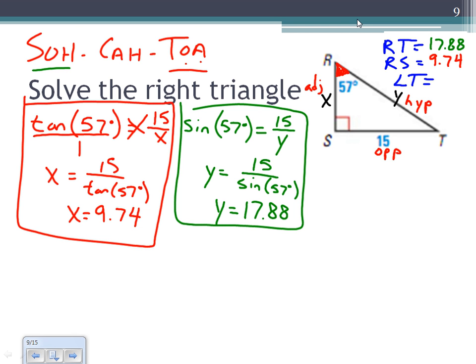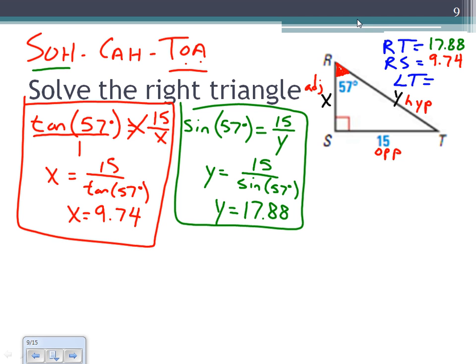What's the last thing we need to find? Anybody know how I could find angle T? Certainly, we could use the inverse trig with angle T. There's an easier way, though. There's a super easy way. How many degrees are there in the triangle? 180. If I was giving you two of them, can you figure out the third one?